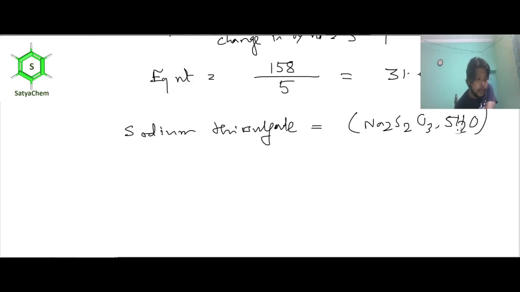It's the molecular formula of sodium thiosulfate, and it is oxidized by an oxidant to sodium tetrathionate.